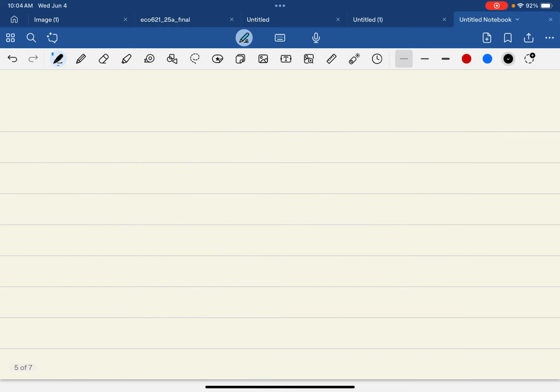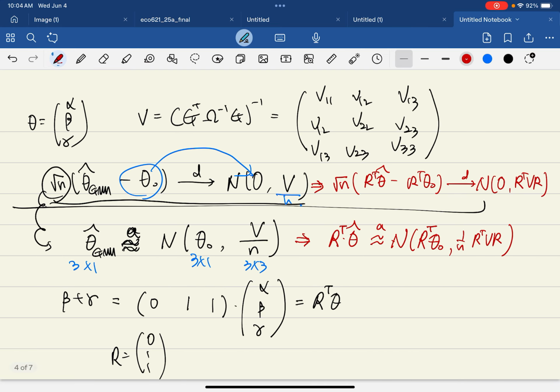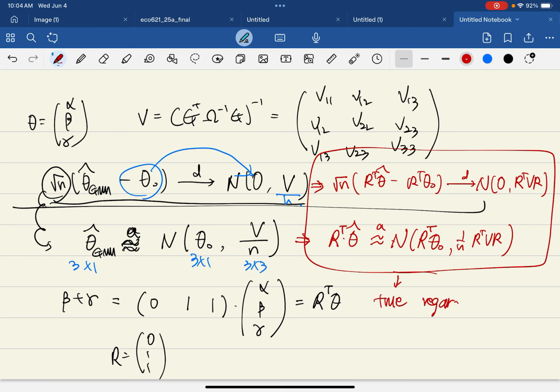And then H0 can be rewritten as r transpose theta 0, like beta 0 plus gamma 0, equals 1 or not. These asymptotic results are true regardless of H0.